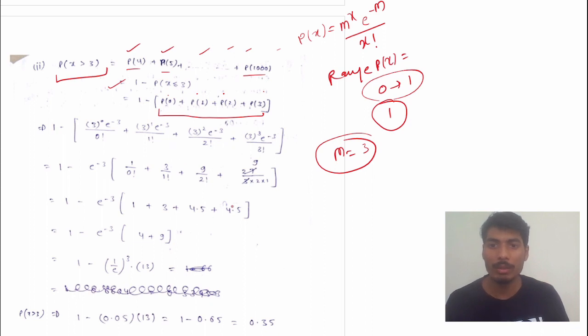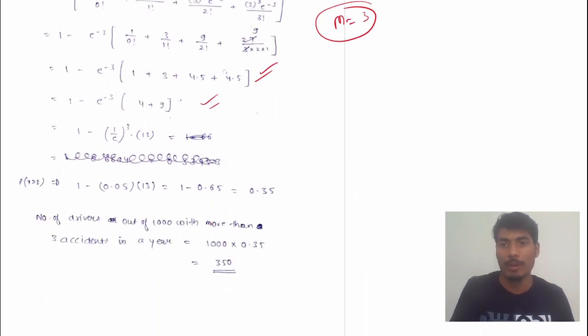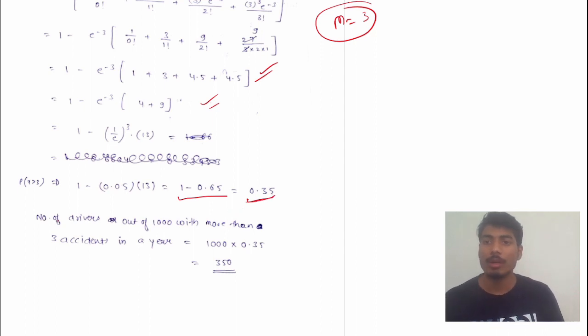After solving this, you get 1 minus 0.65, equal to 0.35.